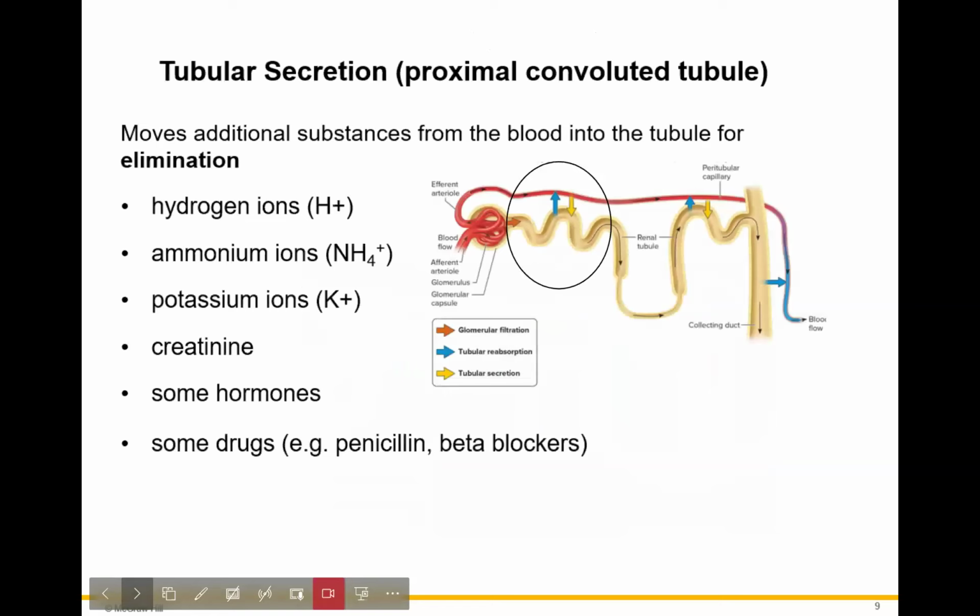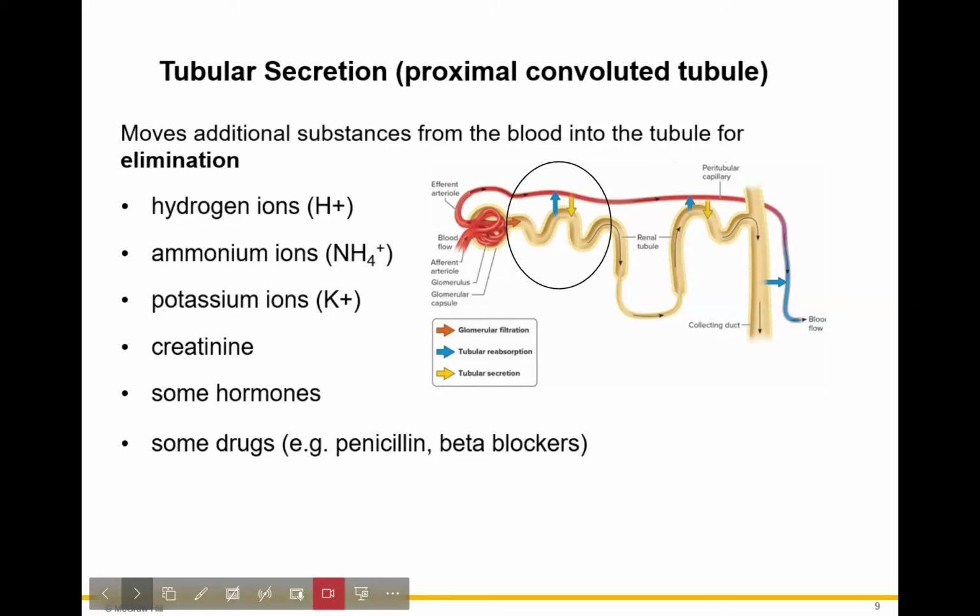All right, so we mentioned the acid-base balance, and when you have substances that are going from your blood directly into the tubule, this is called tubular secretion. So this is the reverse of reabsorption. And this actually occurs in the proximal convoluted tubule.